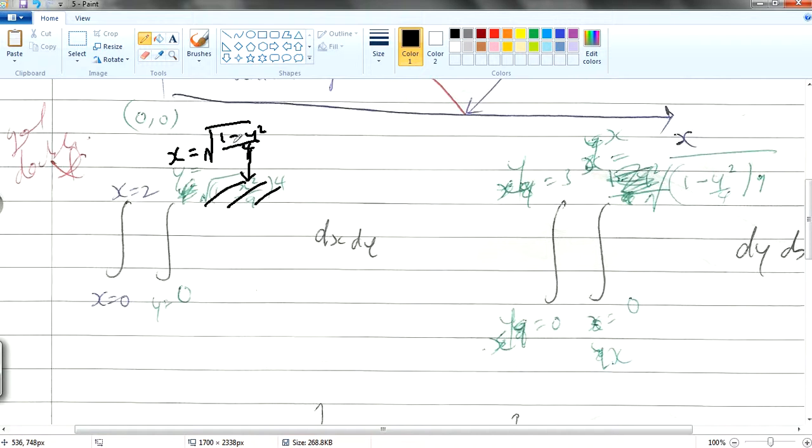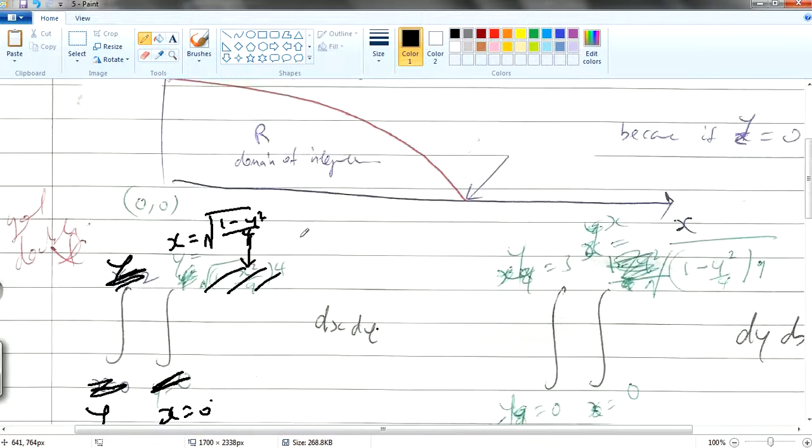Because when you sub this into x, it should be y squared. So the outer one will integrate dy. So I think this is surely in terms of x equals 0 and x to something, then y and y. This is the point I want to make clear.